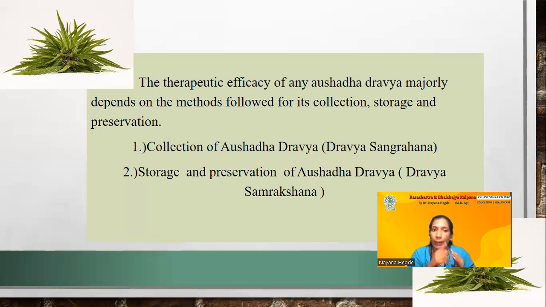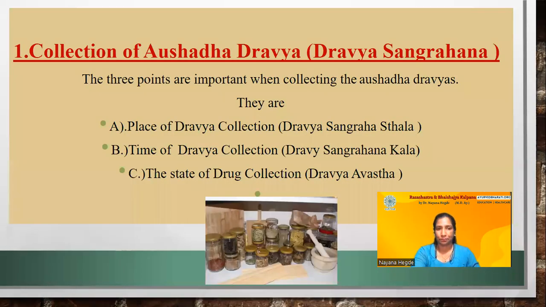Like this part of the plant should be collected in this specific season. If we collect in that season, we'll get maximum therapeutic efficacy from that drug. Hence, we have to study this syllabus, that is guidelines and methods of collection of aushadhi dravya, storage and preservation of the aushadhi dravya. So we'll study now collection of aushadhi dravya.